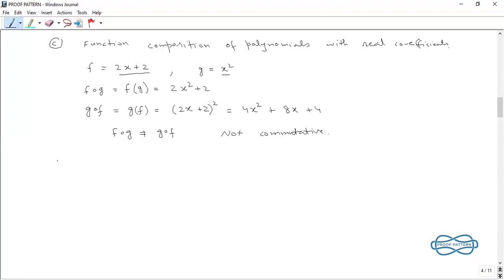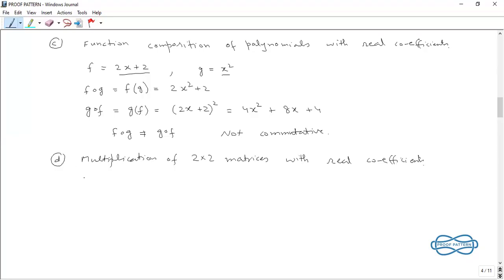Next is part D, multiplication of 2 cross 2 matrices with real coefficients.